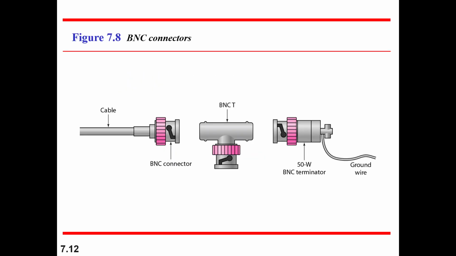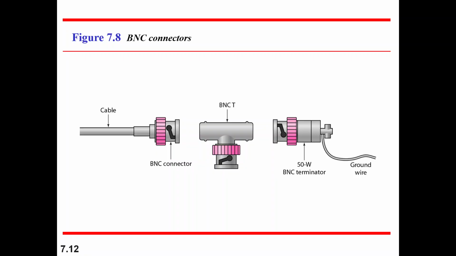Coaxial cable connectors. To connect the coaxial cable to devices, we need coaxial connectors. The most common type of connector used today is the BNC connector, Bayonet Neill-Concelman connector. The diagram shows three popular types of these connectors: the BNC connector, the BNC-T connector, and the BNC terminator.